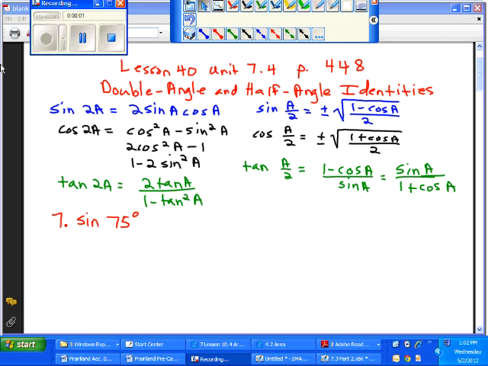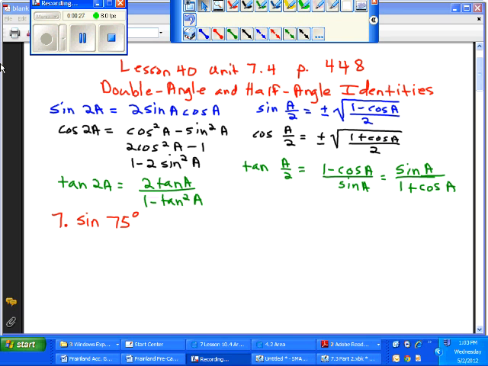Okay, we're on lesson 40, unit 7, page 448, double angle and half angle identities. We dealt with sum and difference identities. The reason we're doing these things like sum, difference, double angle, half angle, is we've memorized 30, 45, 60, 90, and then the quadrantal angles.